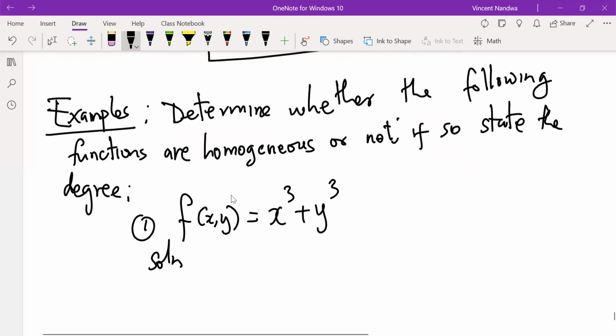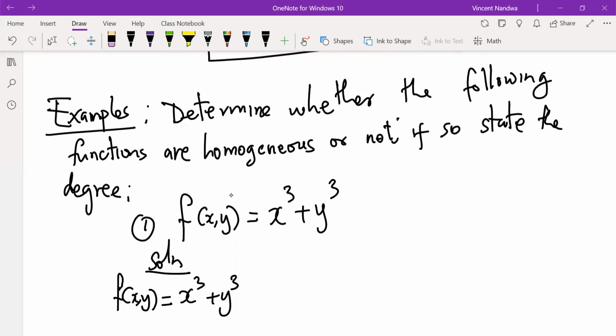So solution. To test this, f of x comma y equals x power 3 plus y power 3 is a given function.